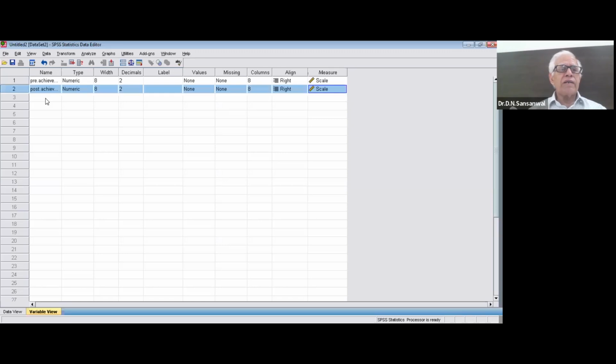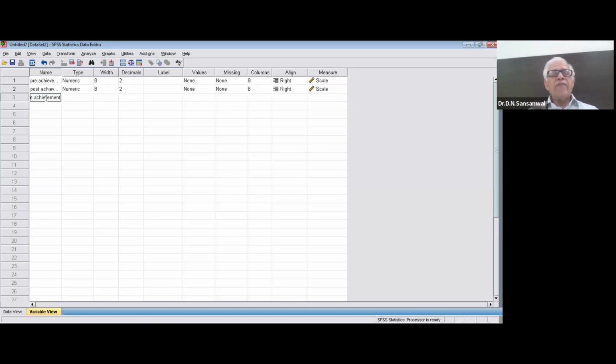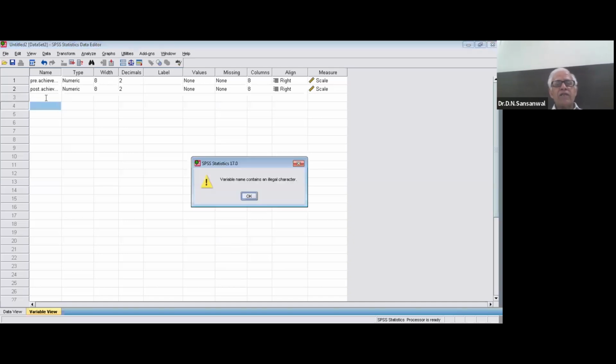Say I'm saying here, let's say, I've written pre, and then I have a gap, and then achievement. What is the answer? The answer is: variable name contains an illegal character.